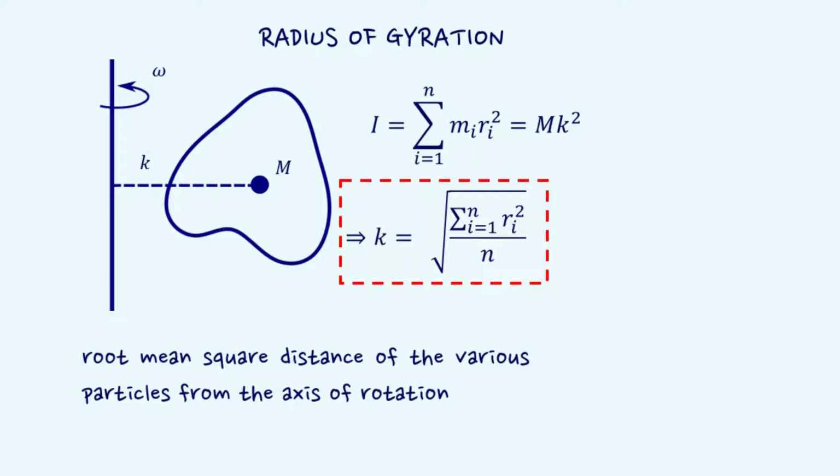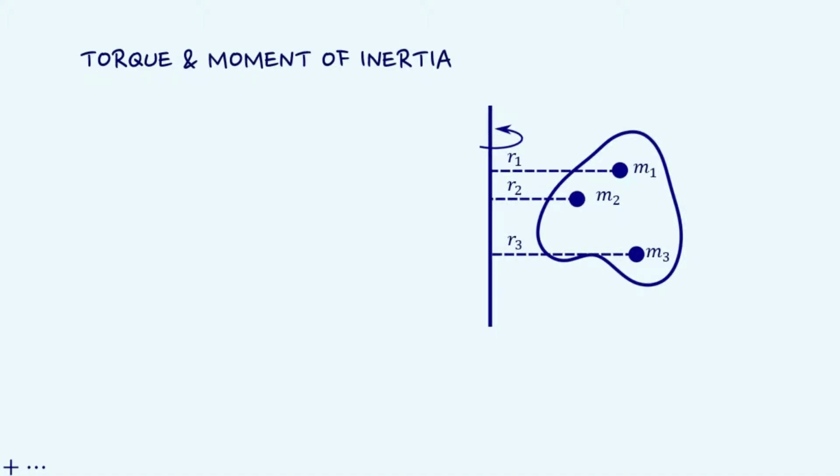Now, let us obtain an expression relating torque and moment of inertia. Suppose an object is rotating around a vertical axis. Let a constant angular acceleration be produced under the action of a torque tau. The body is made of a large number of small particles of masses m1, m2, m3 situated at perpendicular distances r1, r2, r3 respectively from the axis.